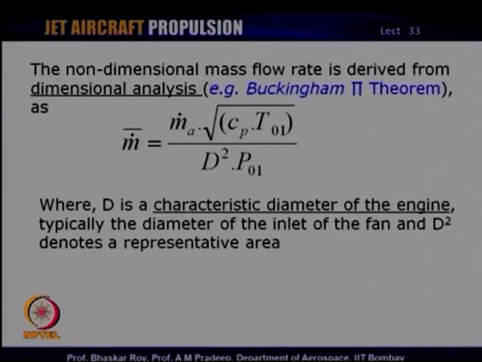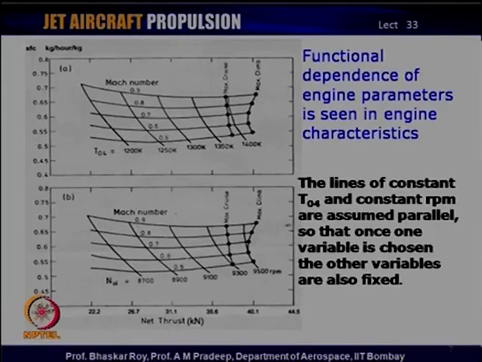Now, some of the issues related to the non-dimensional mass flow can be looked at from a slightly different point of view. We can see here in this diagram that the functional dependence of various parameters can be plotted together. We had a look at this diagram in the last lecture also.